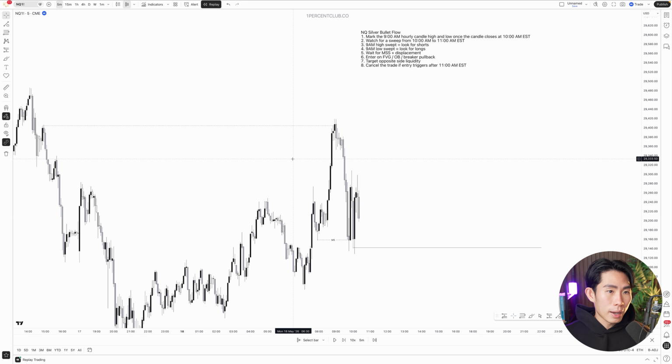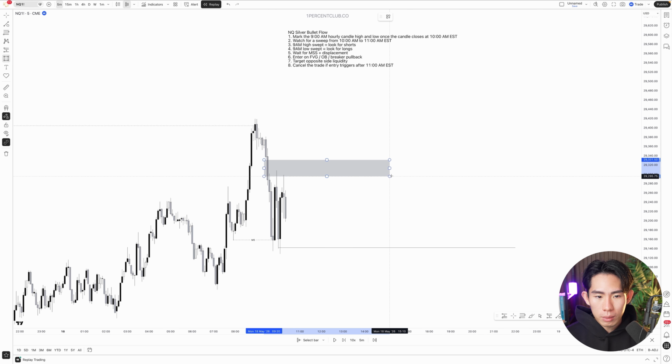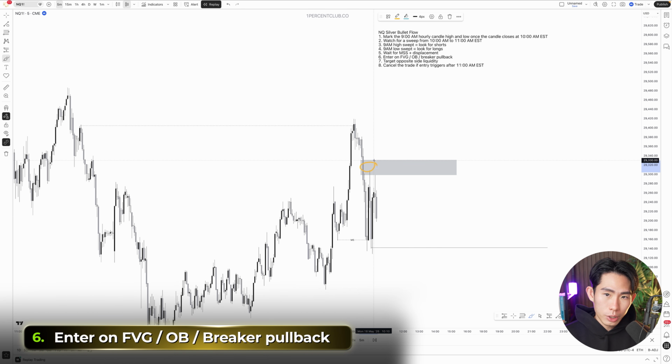So once again, if you apply the same silver bullet framework, you will see that, hey, we got a liquidity sweep, we got a market shift, and right now we are just waiting for price to pull back to a fair value gap. And where's the fair value gap? Well, it's somewhere around here. If you look at it closely, you'll realize that it's the same sort of framework. If you were trading during 9 a.m. to 10 a.m., perhaps this is where you first entered into the trade itself.